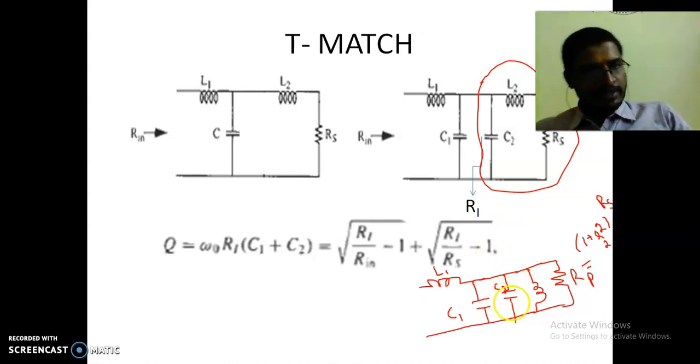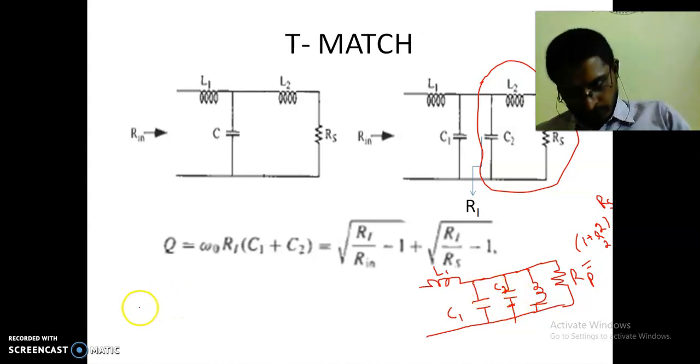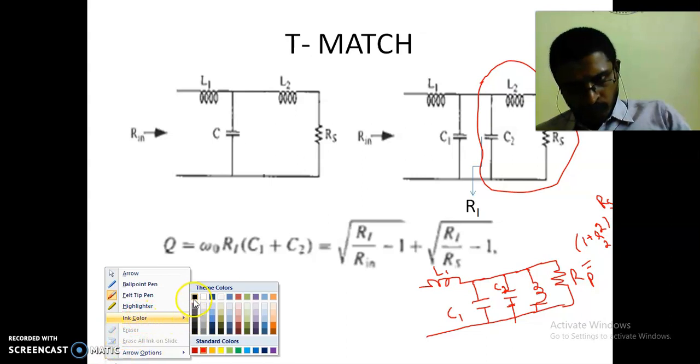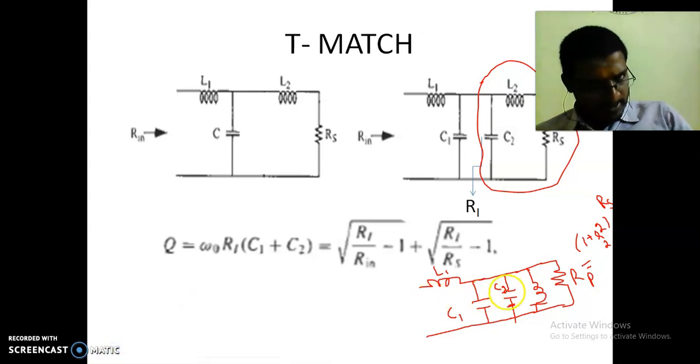At resonance, the reactances cancel. If you look from this side, the input resistance is Rp. So now this entire network is replaced by Rp.